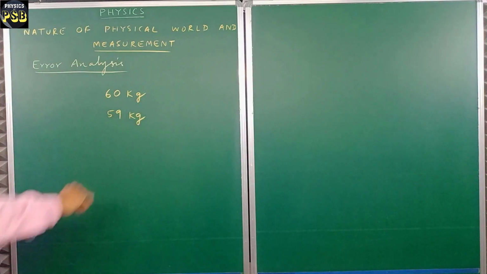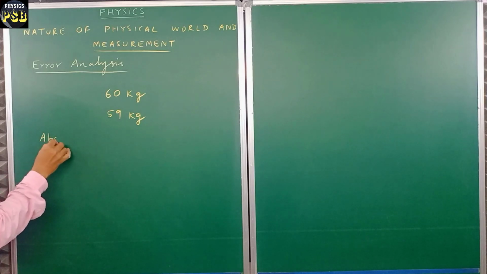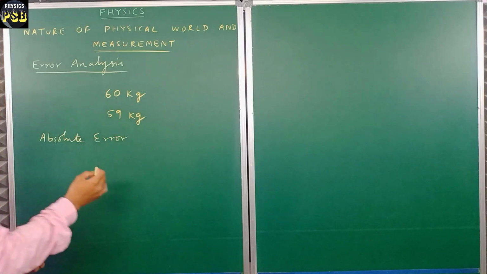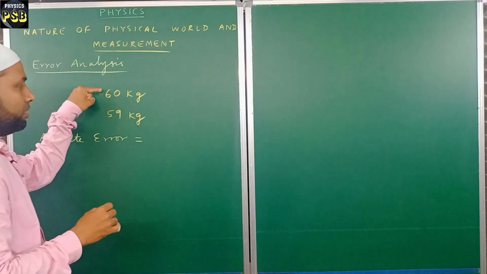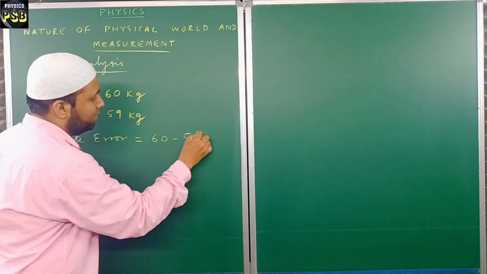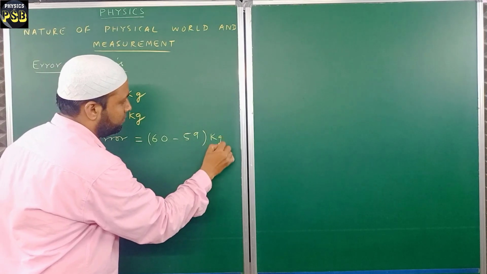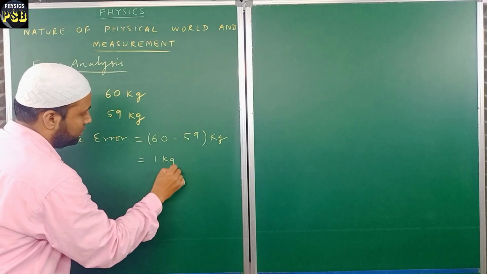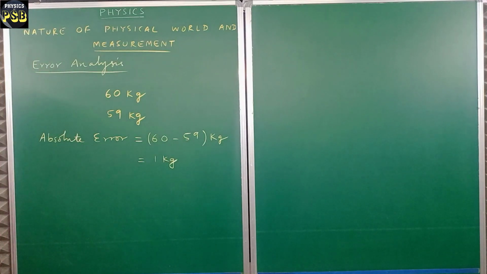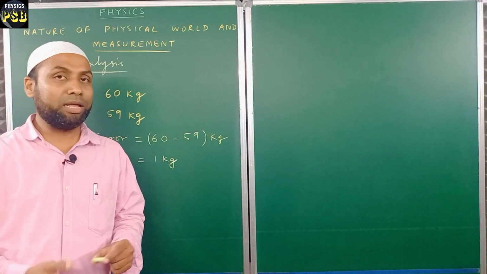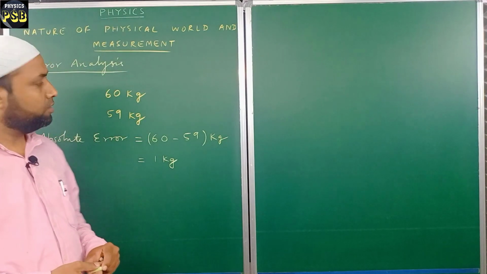Then the absolute error in the measurement can be obtained by taking the difference of these two. 60 minus 59 kg gives us the absolute error, that is nothing but 1 kg. This is the absolute error in the measurement of a given quantity. Here in this case, we have taken the mass of your body as the quantity. Understand?